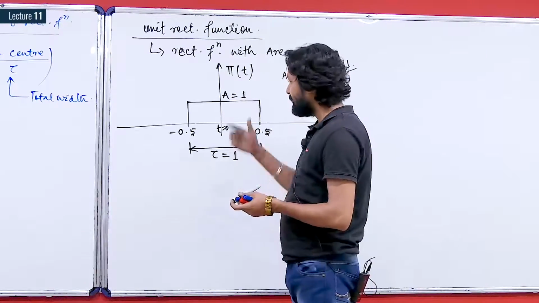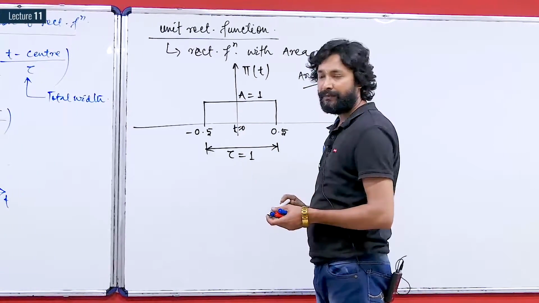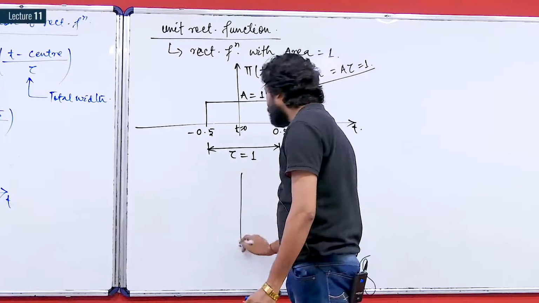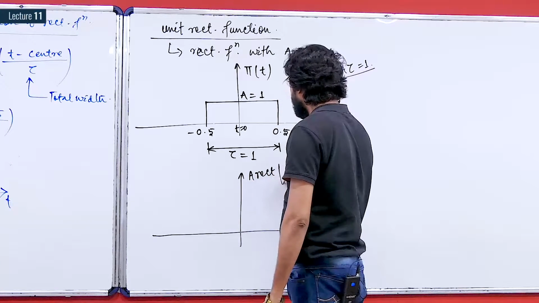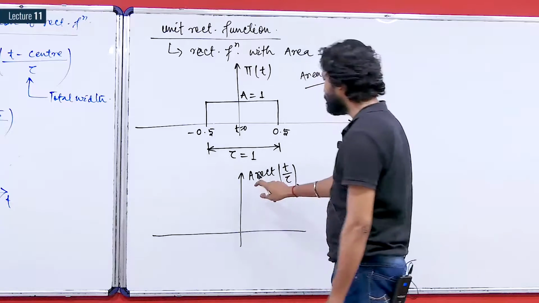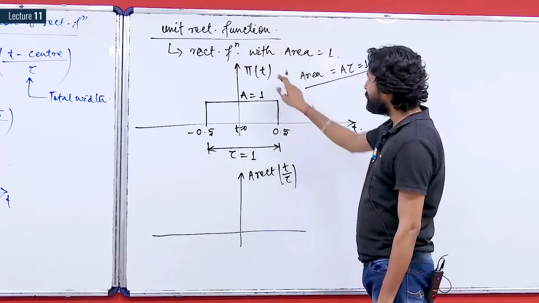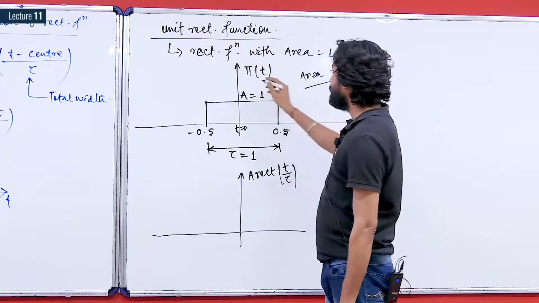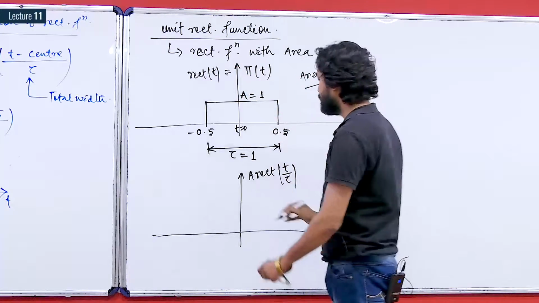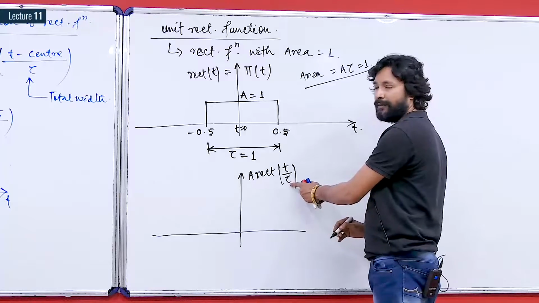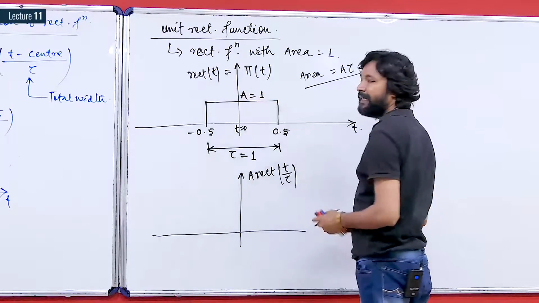Now, either for the unit rectangular function or the standard rectangular function, you have drawn a rectangular function like this. If you have written here rectangle of t by tau, and substituted values of a and tau to be 1, what does this pi of t represent? It represents rectangle of t. We have substituted values of a and tau to be 1, so the representation changed to only rectangle of t.